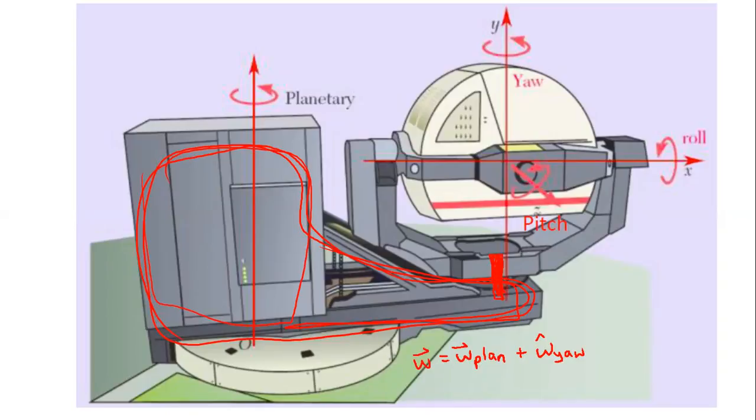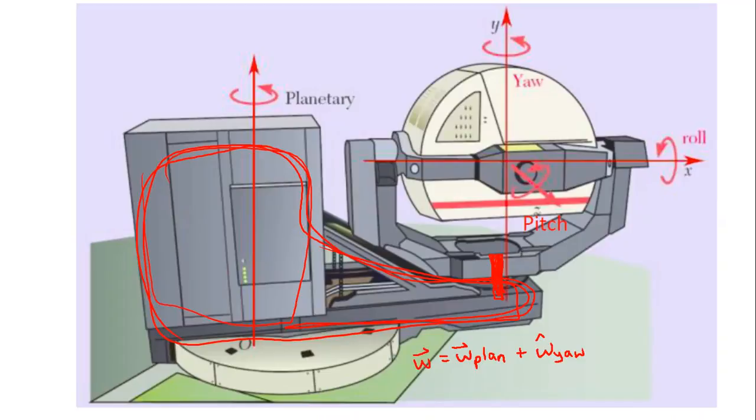Let's see. Yeah, we did. Sorry. Okay, so then does that planetary spin ever change directions? No, because it's always just pointing straight up.